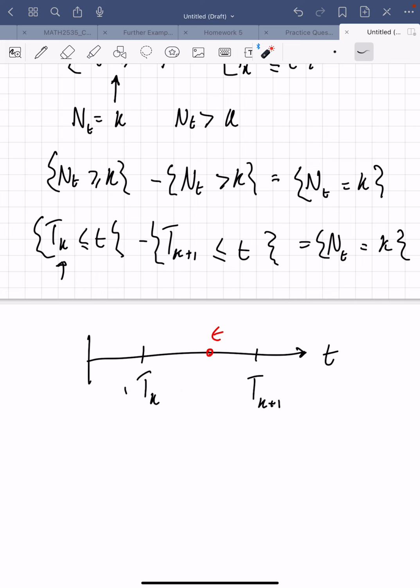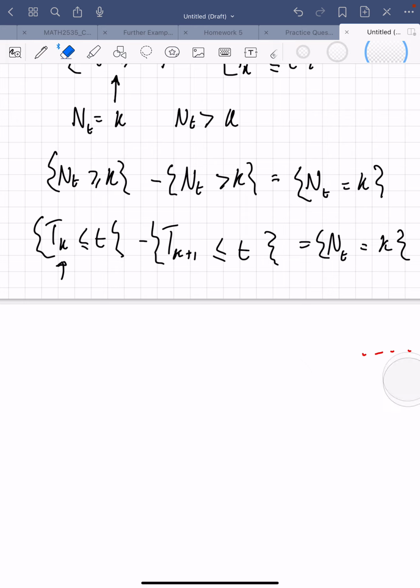What we're essentially saying is that we only really need to consider k plus 1, because k plus 2, k plus 3 are all far into the future, and if k plus 1 doesn't occur, then neither can anything higher than that. So that's all we really need to consider. I hope that explains that. So we'll just get rid of this.